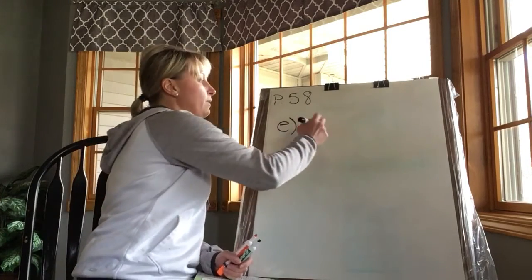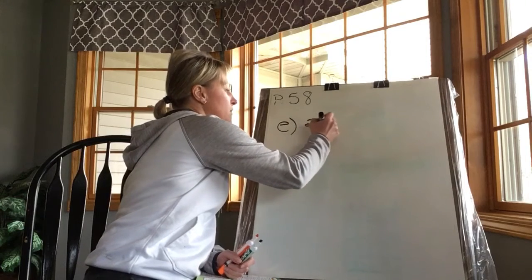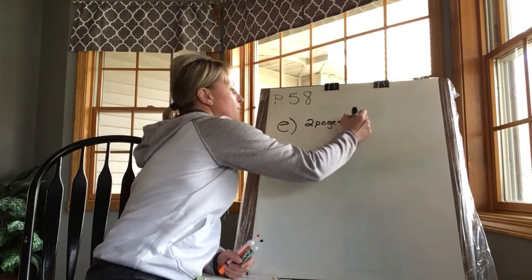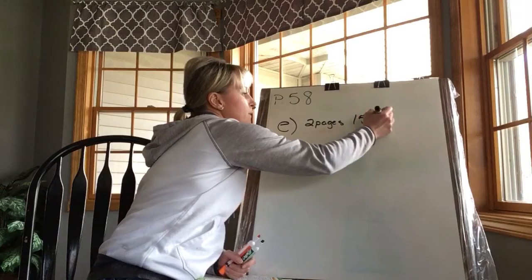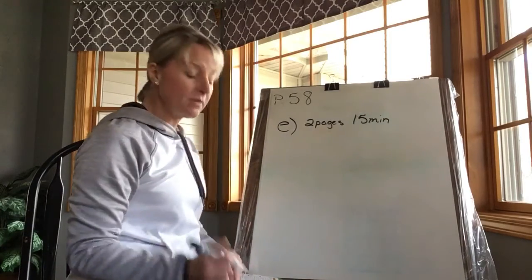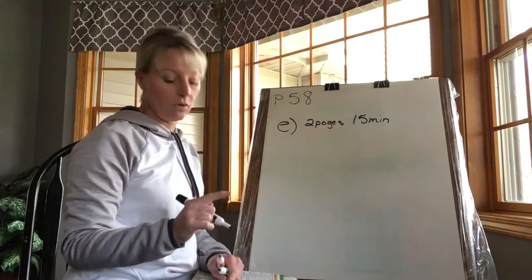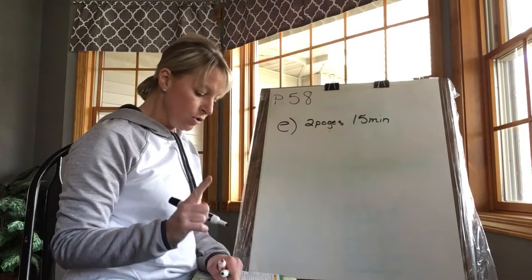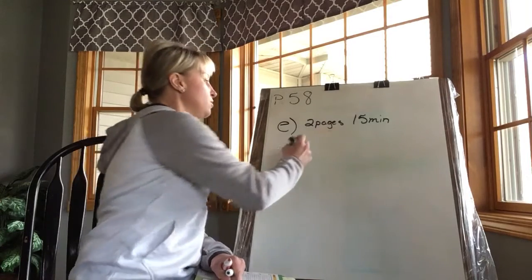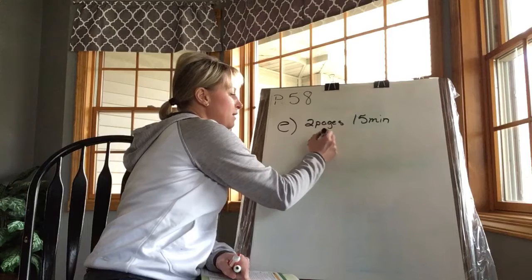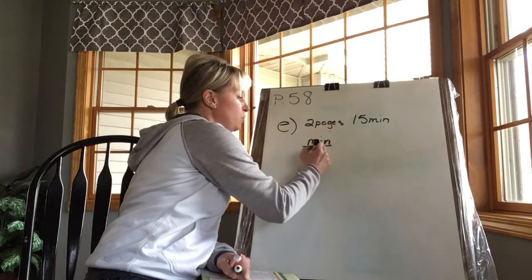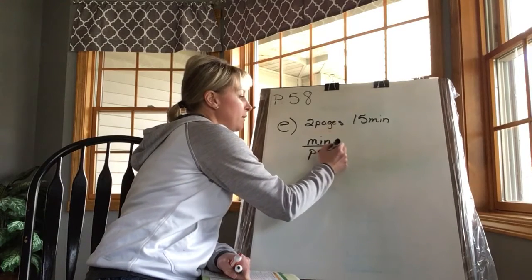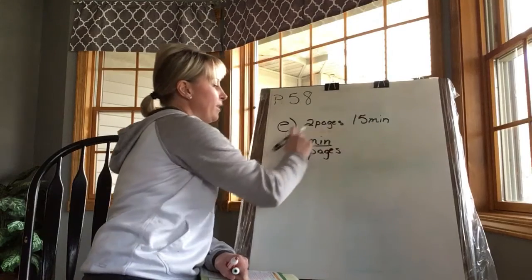Okay, so when I was reading through it, it said 2 pages in 15 minutes. And in the story problem, it's very careful that you have to have it in the correct order because it says minutes to pages. So if it's minutes to pages, minutes has to be on top, and pages on the bottom. So then I'm going to place my numbers in here.